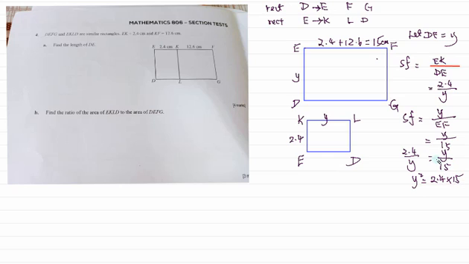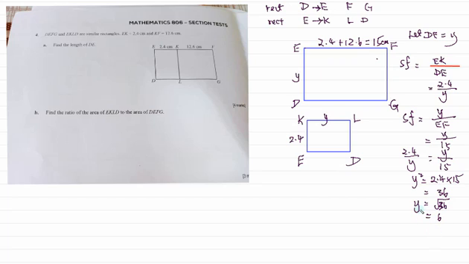It's actually equal to 36. So Y becomes the square root of 36, which gives you 6.